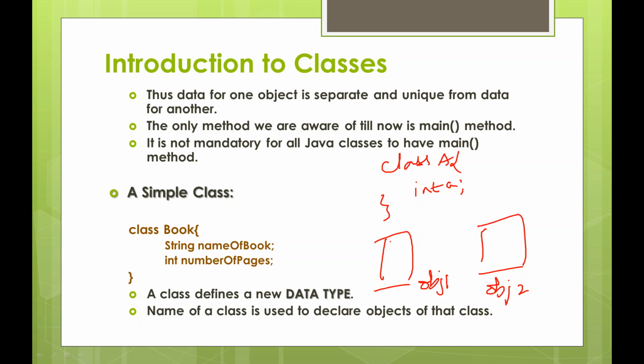By some means I have created these two objects of type A. I am saying type A because by defining a class, we are defining a data type. The name of the data type will be the name of the class.